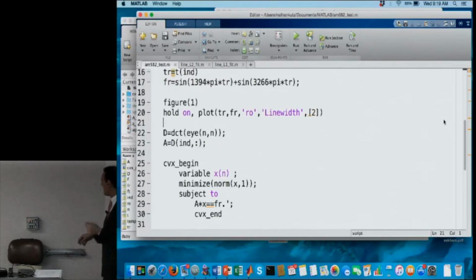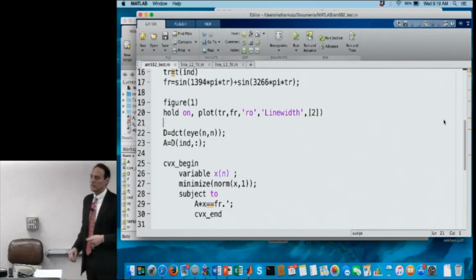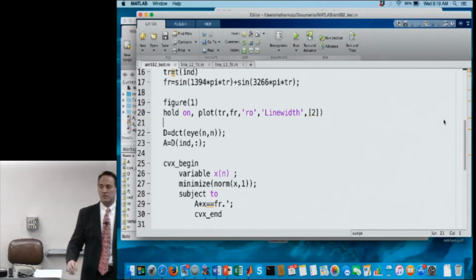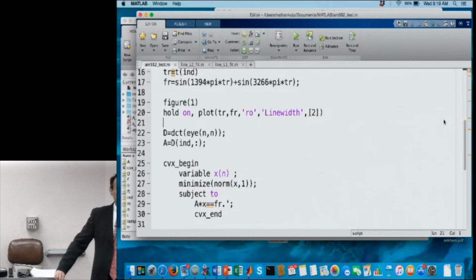Hey, by the way, why do people like L2 and backslash and pseudo inverses? They're wicked fast. Essentially, if you want the least square fit, it's trivial. It'll get the solution to you immediately.